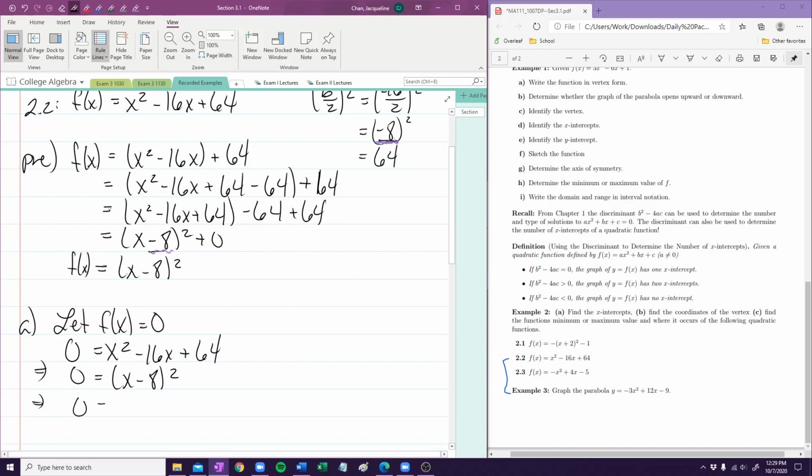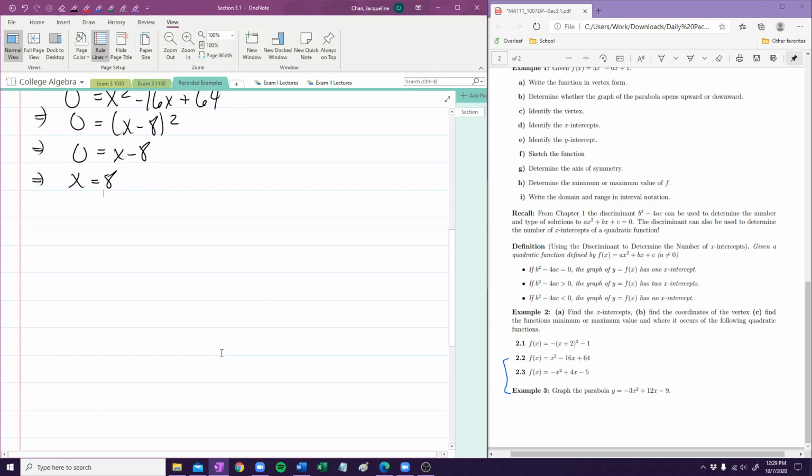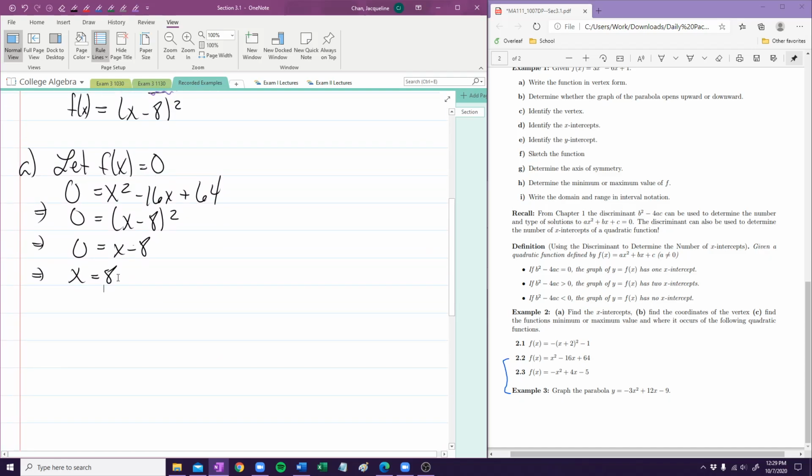So I get 0 is equal to x minus 8, then x is equal to 8. Remember we let f of x equal 0 and we got x equal 8. This is the same as saying x, y. So my x-intercept in point form would be 8, 0.